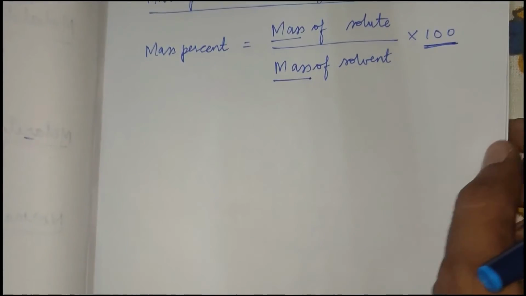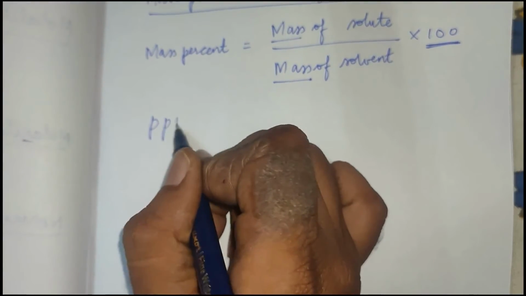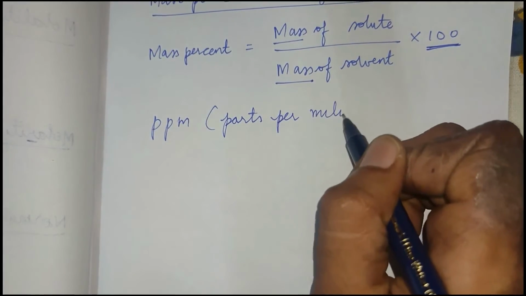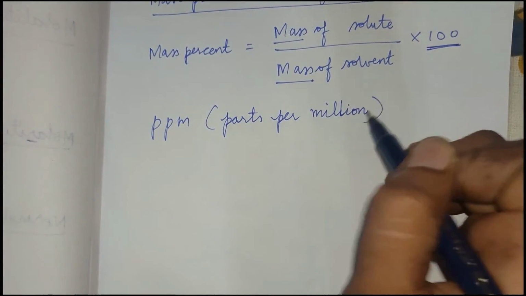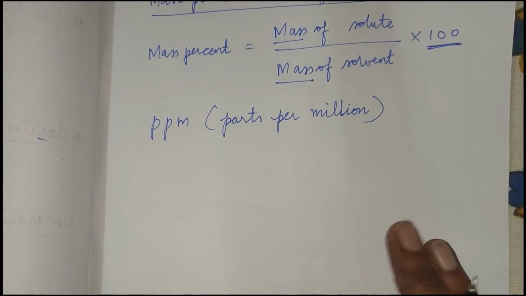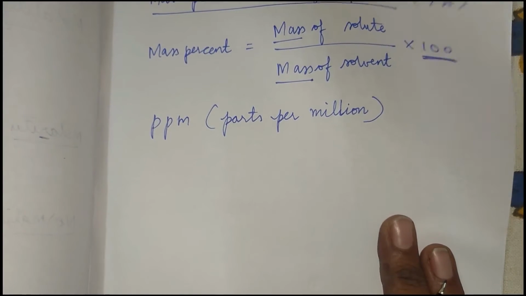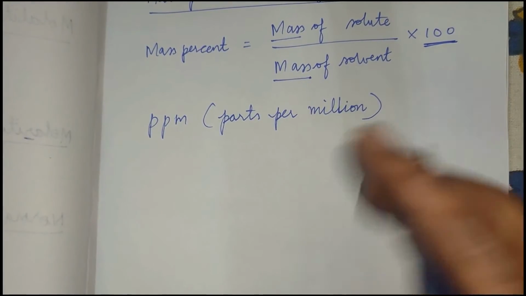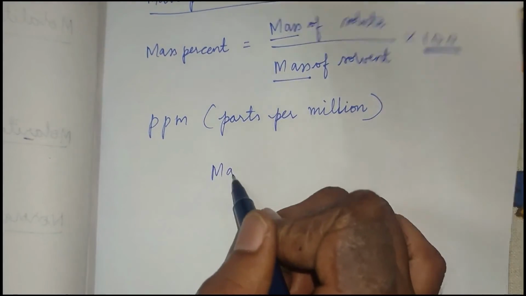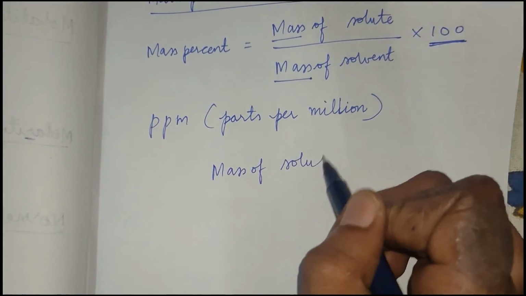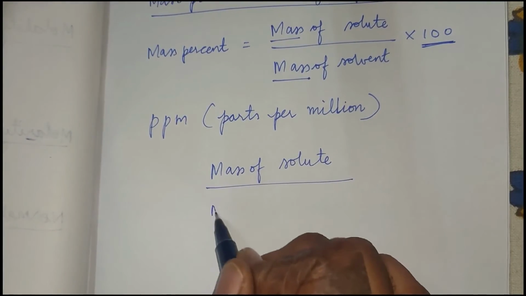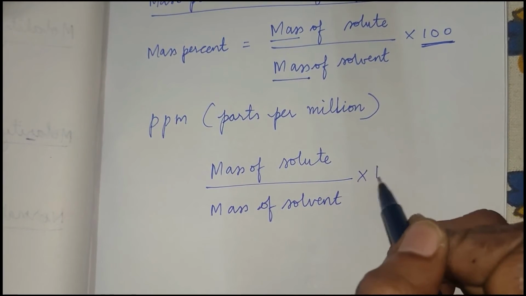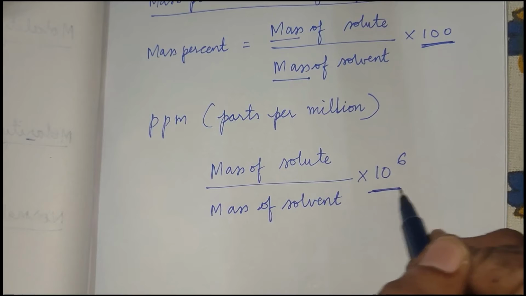Now if you want to express it in parts per million, ppm, parts per million. See, for example, you are going to take water from a pond. They are asking to find out the amount of dissolved oxygen in parts per million. So I will write it in parts per million. It is going to be mass of solute divided by mass of solvent into 10 to the power of 6, because million is 10 to the power of 6, right?